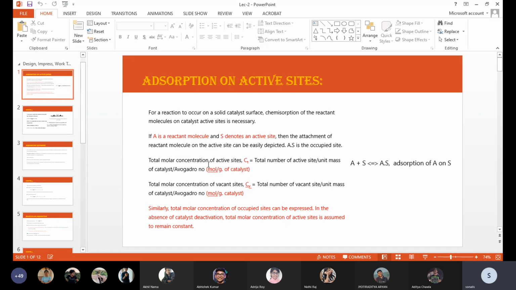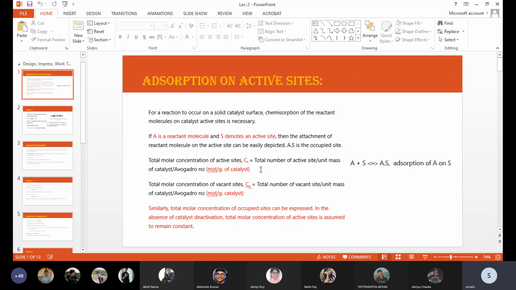Total molar concentration of active sites, we represent as CT: total number of active sites per unit mass of catalyst per Avogadro number. So total number of active sites divided by Avogadro number gives you the total moles of active sites per gram of catalyst. This is the active site concentration.